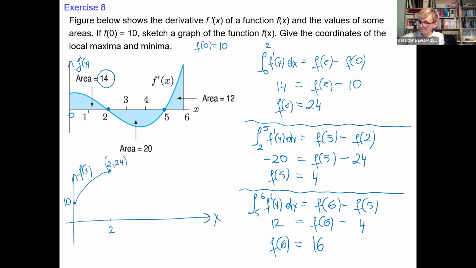At 5 it's back to 4, so this one is 5, 4. And at 6 it's a little bit higher, 16, so 6, 16. That means this one is the maximum and this will be the minimum. The minimum value is 4, the maximum value is 24.